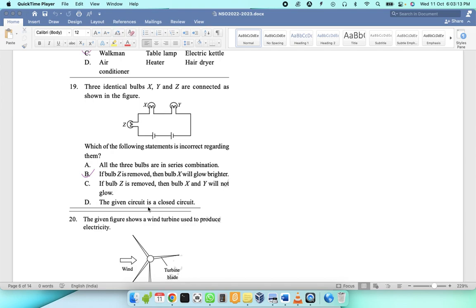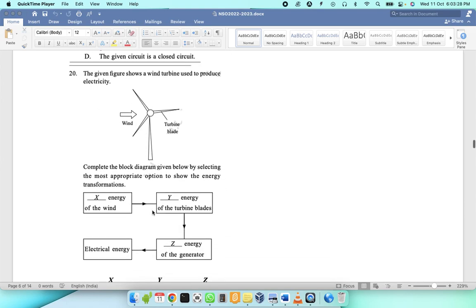If the answer is B, as we know that this is the series circuit, and we know that when the bulb Z is removed, it forms an incomplete circuit and none of the bulbs will glow. The given figure shows a wind turbine used to produce electrical energy.